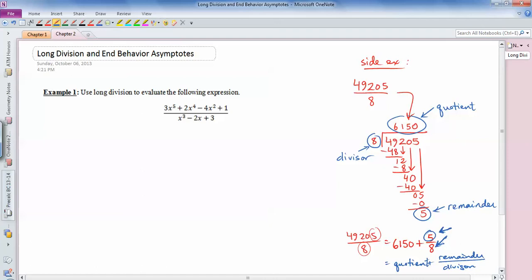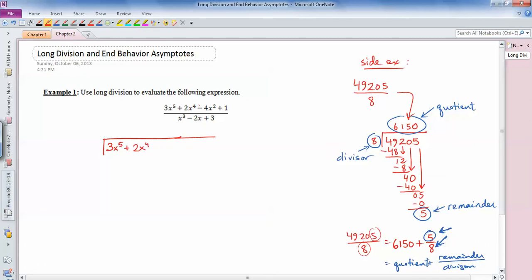So now let's do this long division problem in example 1, which is significantly uglier looking. And we're going to run through a very similar process. So it's going to be 3x to the 5th. The numerator goes on the inside of this thing. 2x to the 4th. There's a nice trick here.